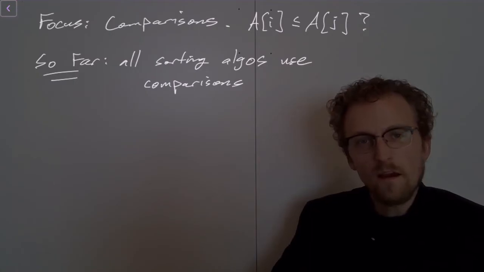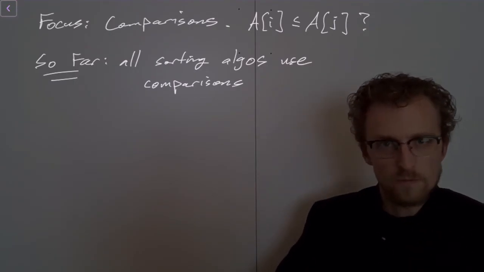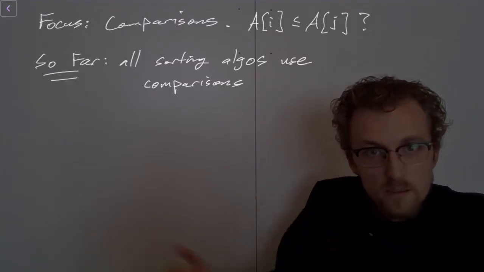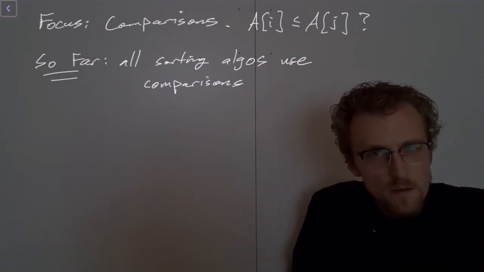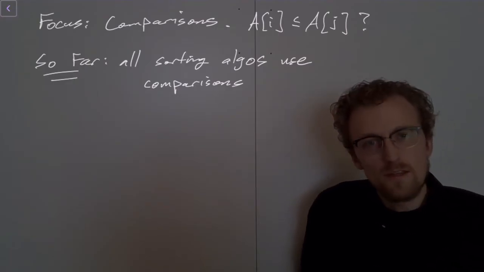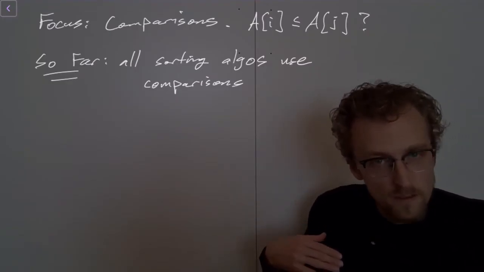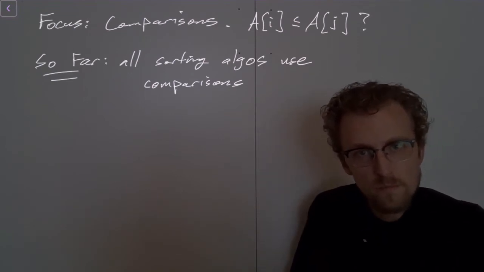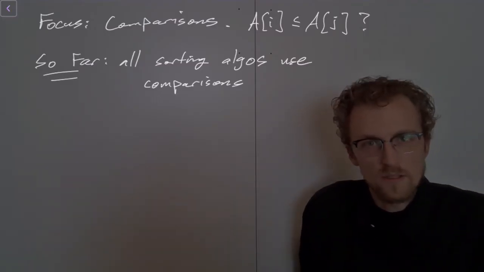So we can almost think of sorting algorithms, or at least comparison-based sorting algorithms, as a sequence of comparisons that lead us to an answer. You can reframe the problem of sorting as: how do I arrange my sequence of comparisons so that I have a small number of comparisons that need to be made, and at the end of my sequence of comparisons, I have identified how to sort the array?